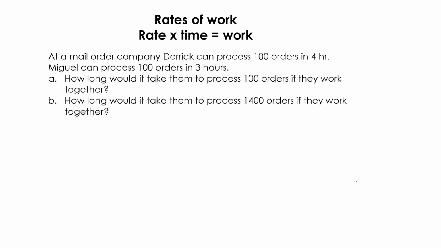Rates of work, still the same type of problem. Rate times time equals work. So at a mail order company, Derek can process 100 orders in 4 hours. So Derek's rate of work is going to be 100 orders in 4 hours.